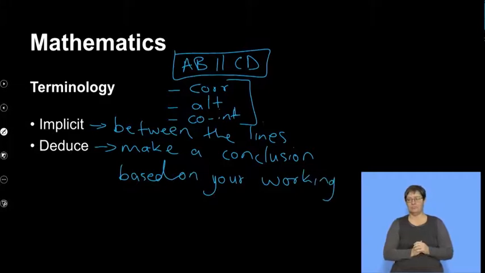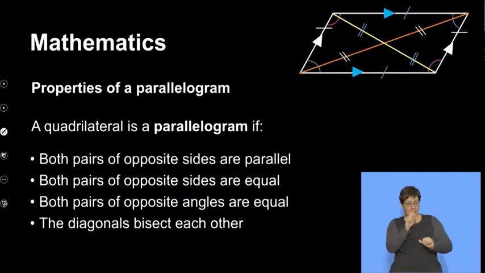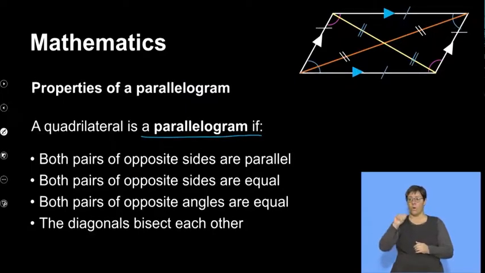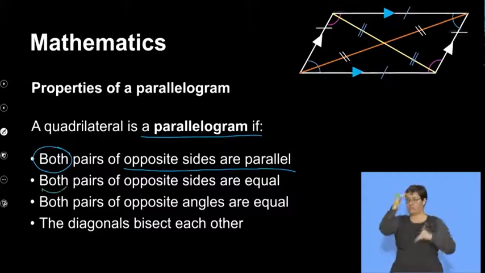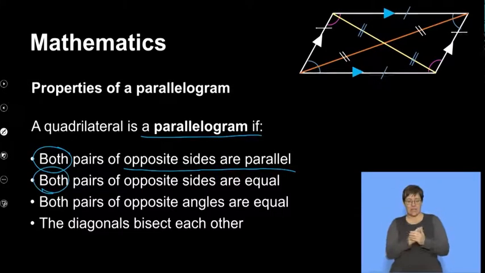And then what we need to look at firstly, as I said, are the properties of a parallelogram. So remember, a quadrilateral is a parallelogram if both pairs of opposite sides are parallel, right? Not just one, no, both pairs. And then also both pairs of opposite sides are equal.